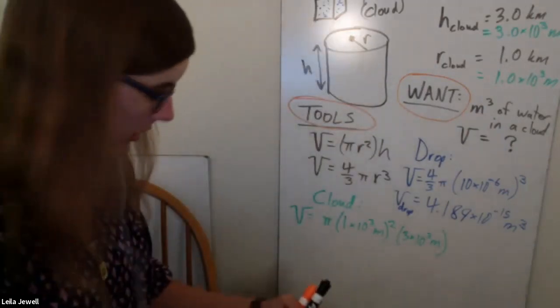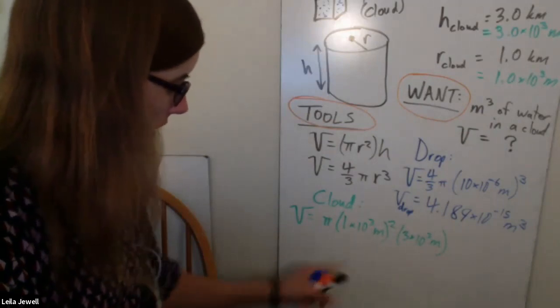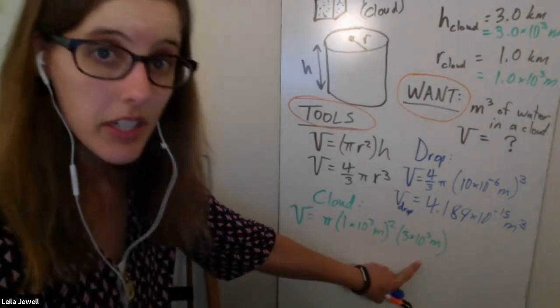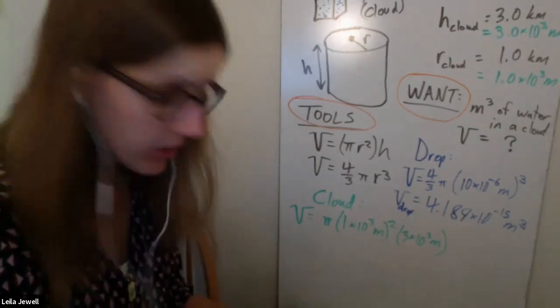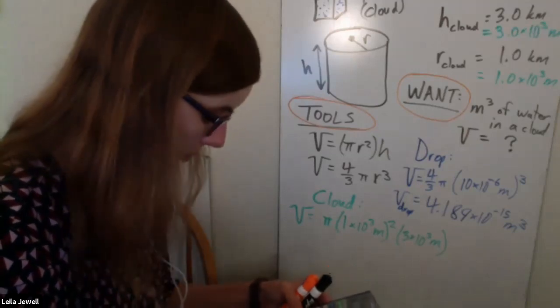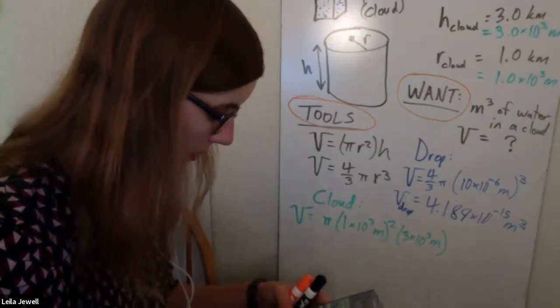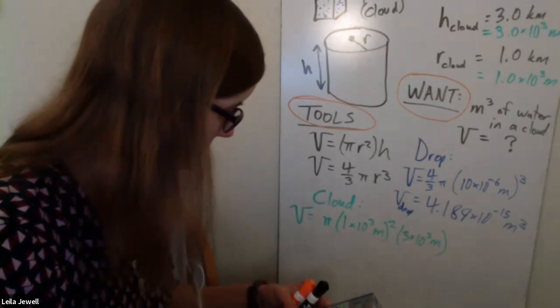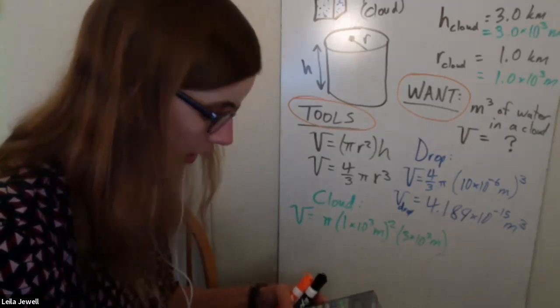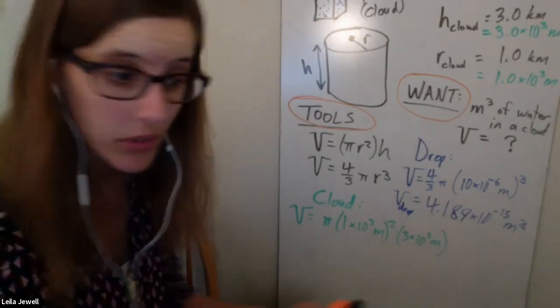All right. Taking a look at this, you can just do this as 1,000 and 3,000, and that's often easier to work with. So that's what I will do here. So pi times 3,000 times 1,000 squared equals now a really, really big number.